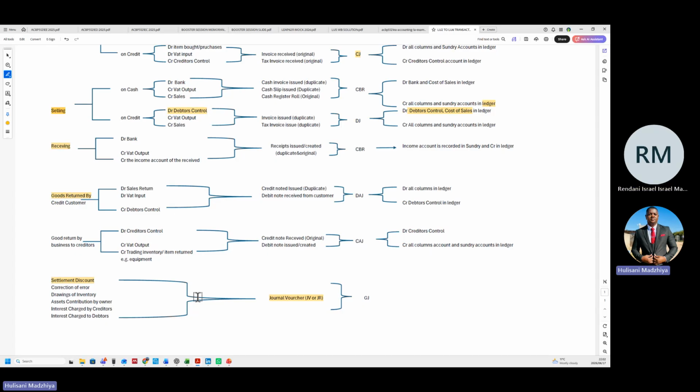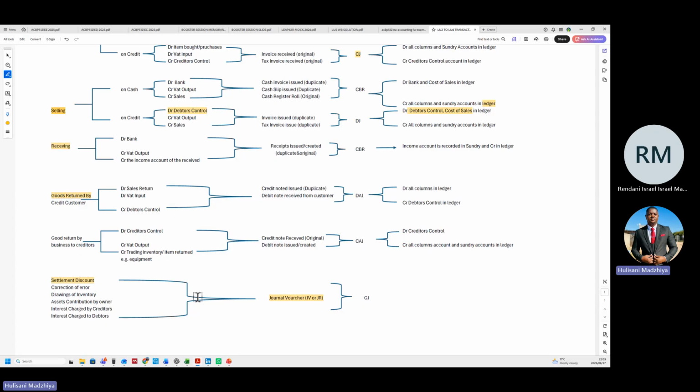So this means that when you record the transaction in the journal, there will be no column for cost of sales and no column for trading inventory. Every time you buy stock, it will be recorded under purchases. And the transportation charges and the customs duties charges will be recorded as separate expenses, such as the incoming purchases account.